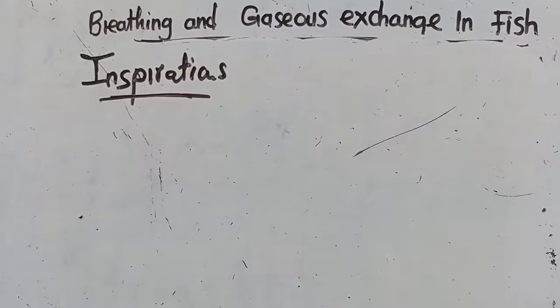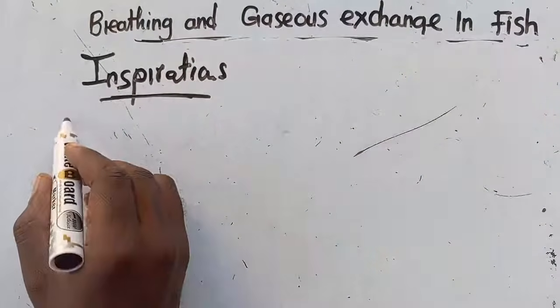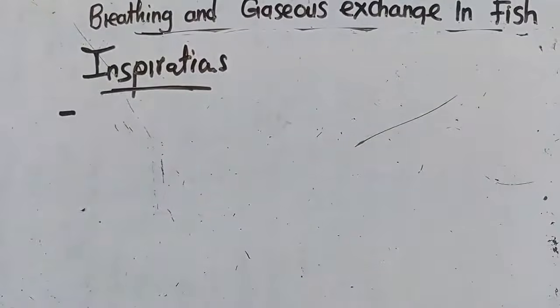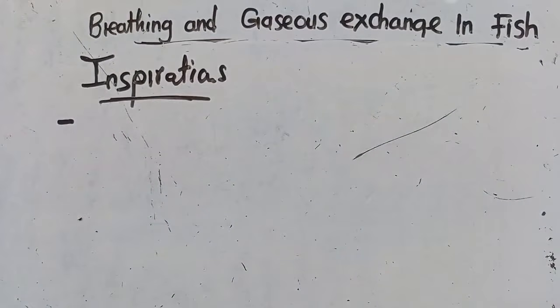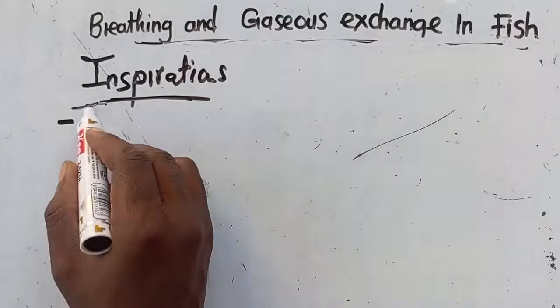We need to understand that I'm going to give you 3 steps, 3 stages, that you have to note under this part. If I tell you to explain breathing and gaseous exchange under inspiration in fish, the first thing that happens is that the fish does what?